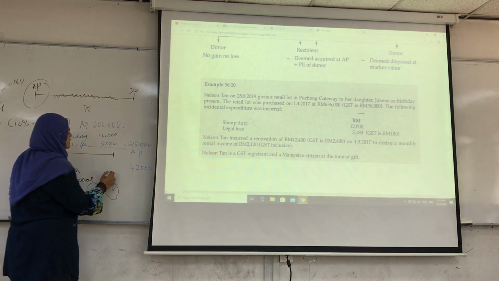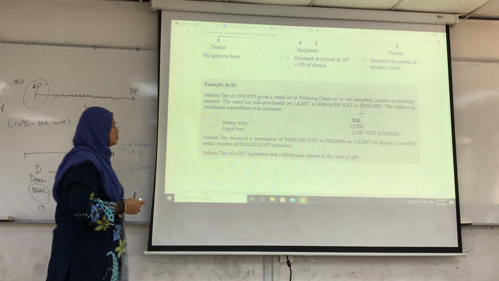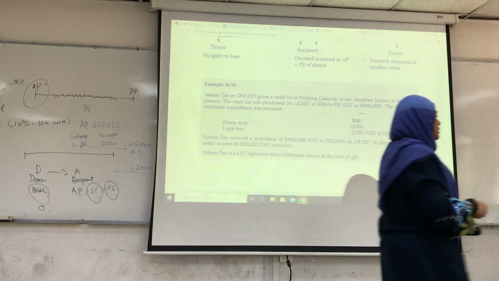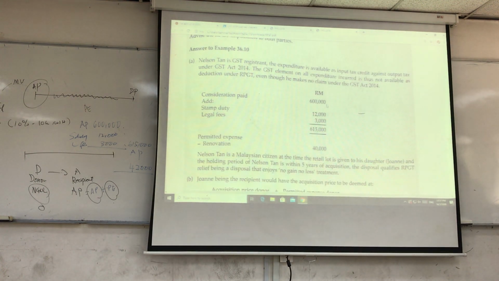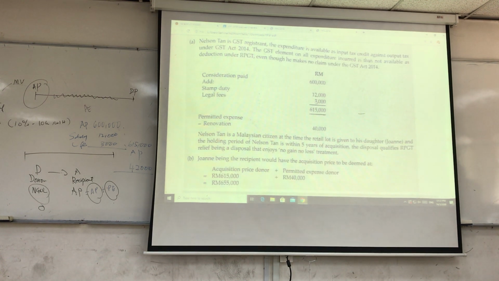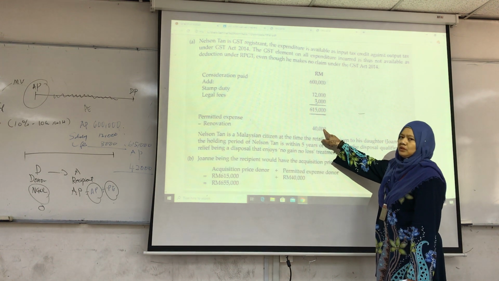So now, to the recipient, Joanne, you have 615 as the acquisition price of the donor plus permitted expenses of 40,000.